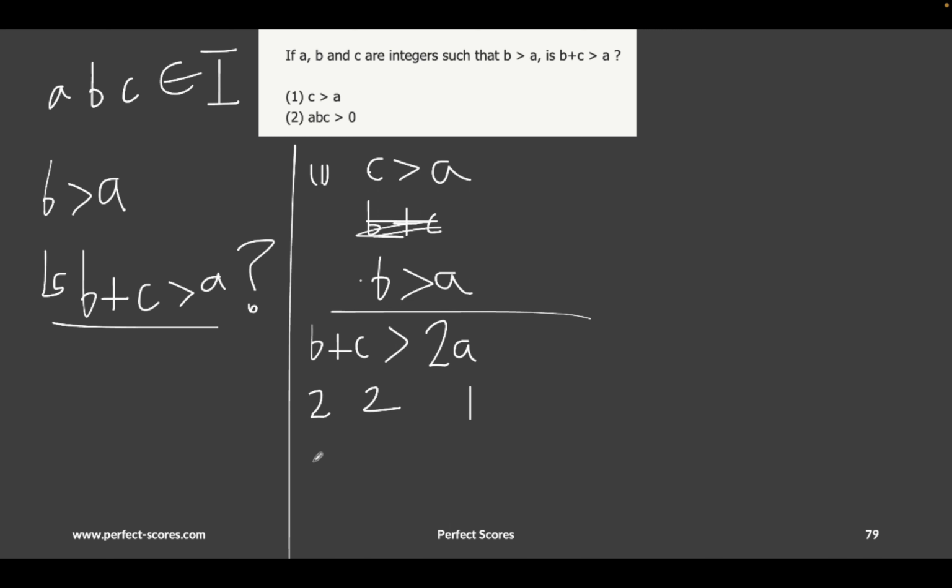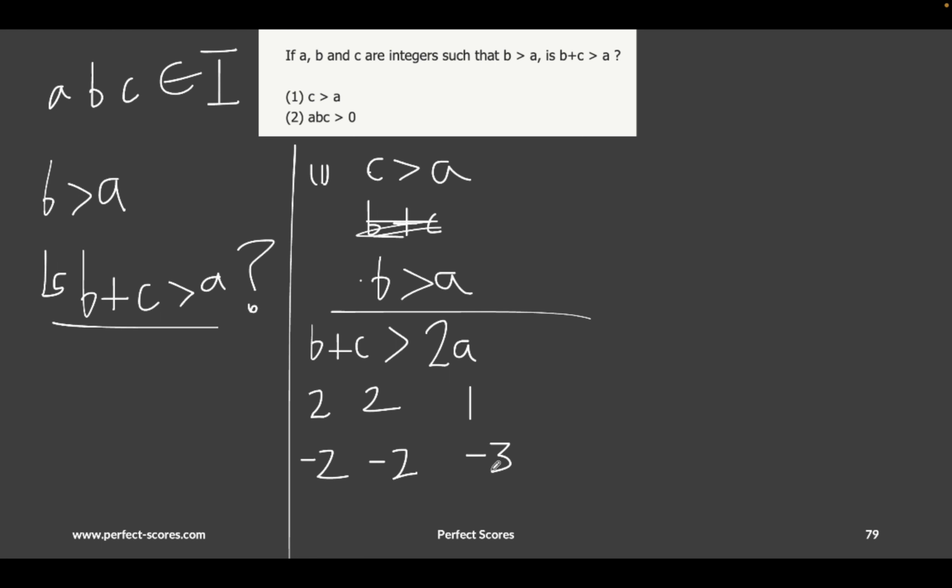But what about negative numbers here? You can have B as negative 2 and C as negative 2. Then you have to make this greater than 2A, so you can have A to be negative 3. So B is negative 2, C is negative 2, and A is negative 3. Is B plus C greater than 2A?